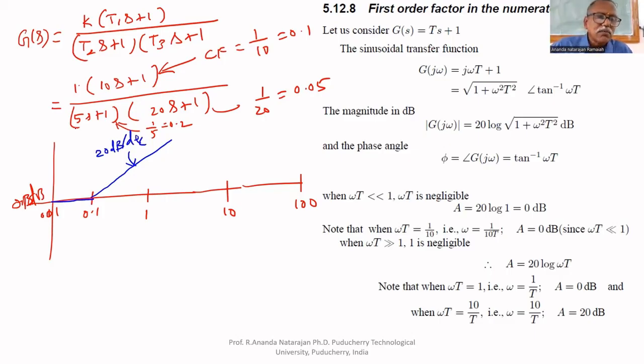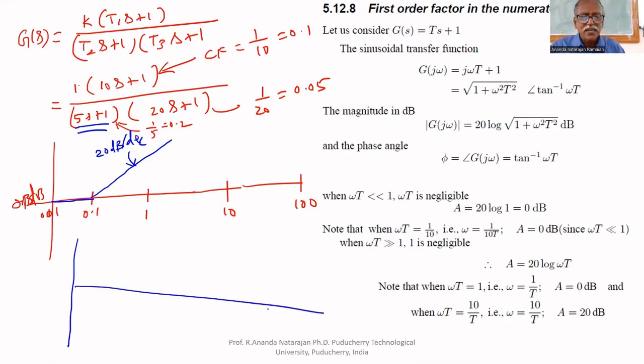For this 5s plus 1, what is the corner frequency? 0.2. 0.2 is here. Let us draw like this. To understand, let us put 0.1 here. This is 0.2. Corner frequency 2. This is corner frequency 1. This is corner frequency 3. I marked all these corner frequencies.